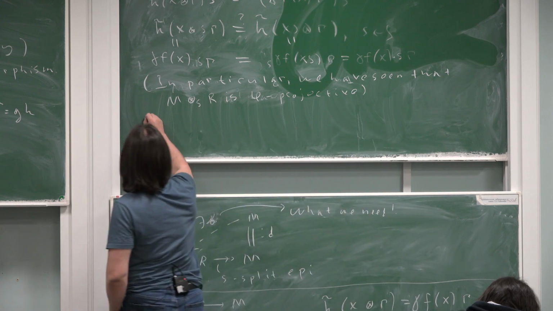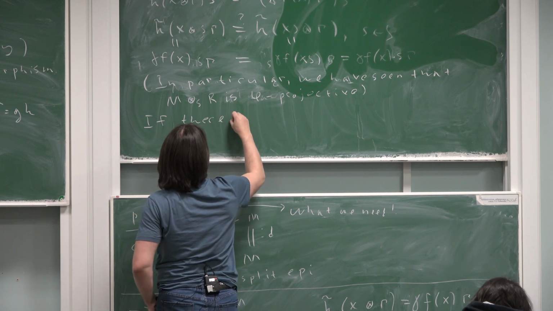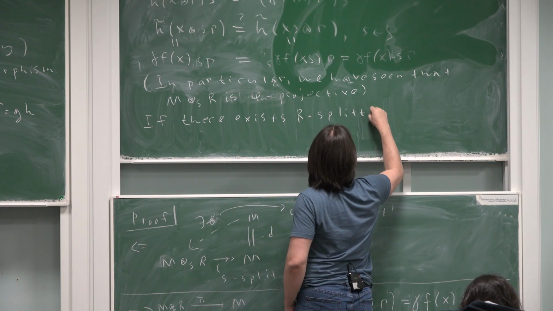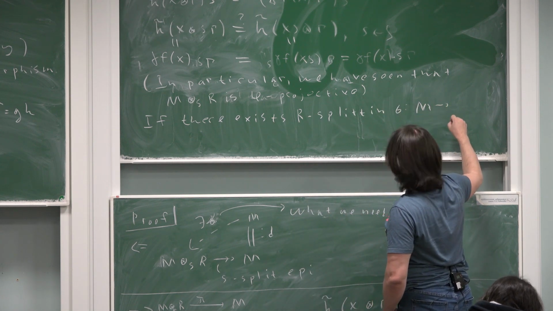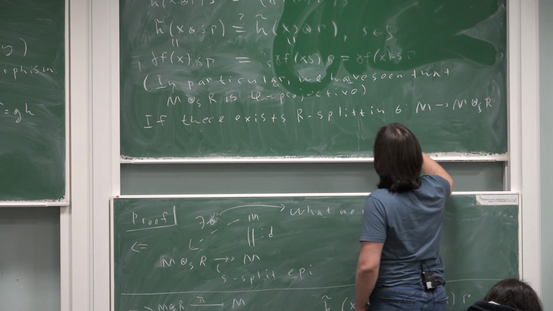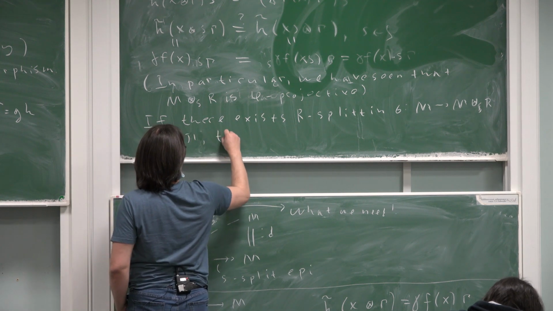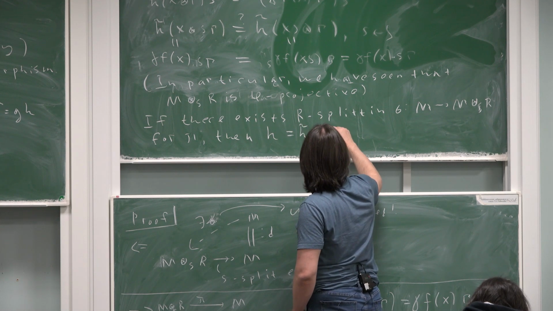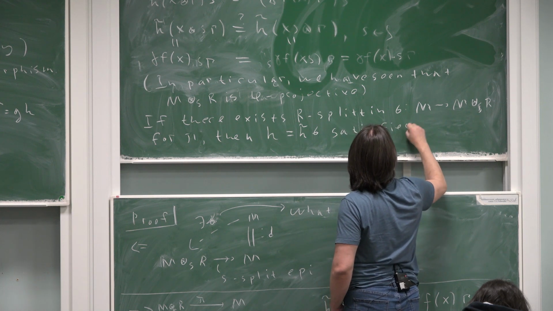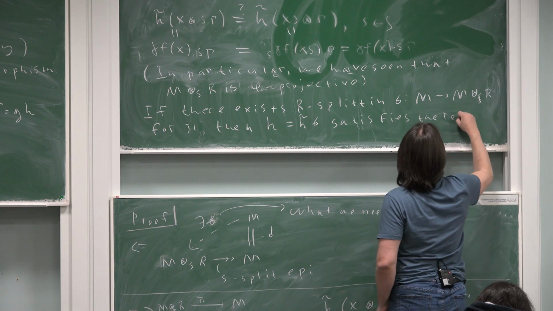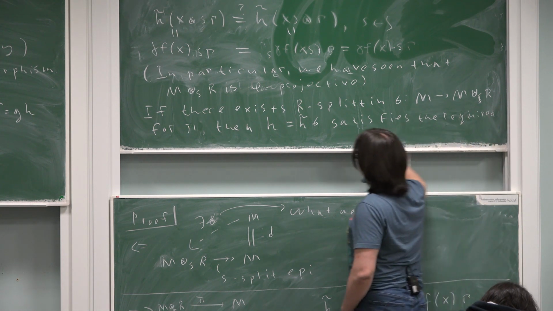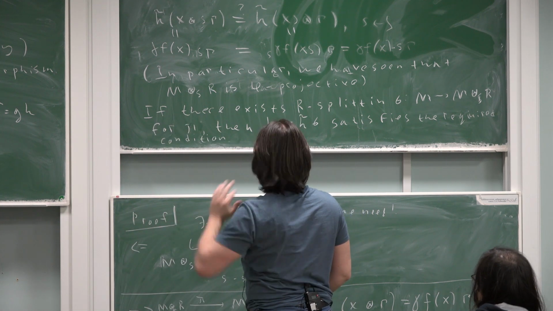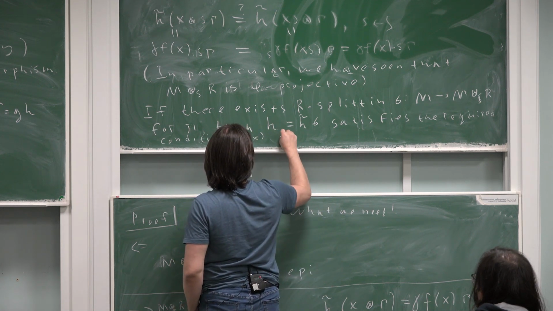And now, if there exists an R splitting sigma from M to M tensor over S of R for pi, then we can define H as H tilde sigma, which satisfies the required condition. It will be an exercise. So we are done.